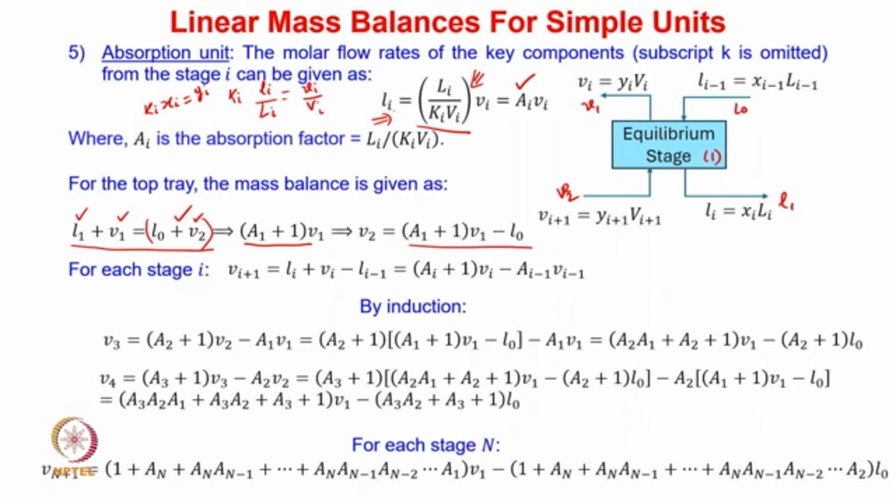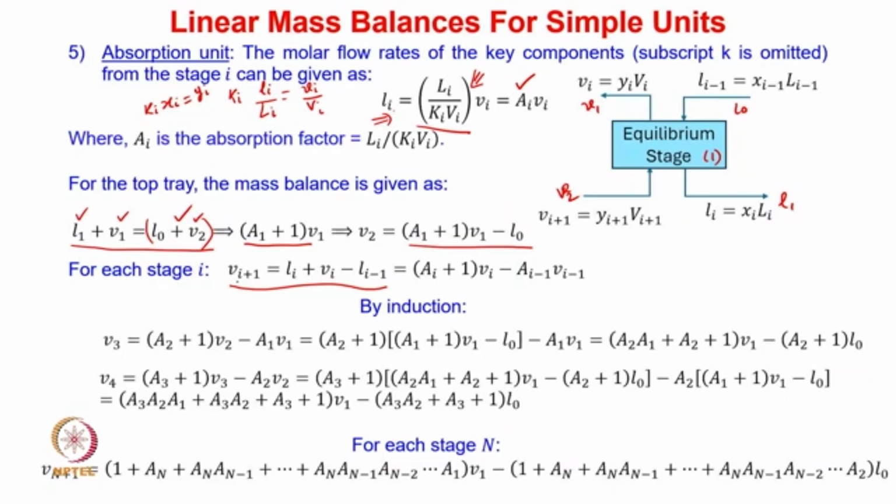Once we have obtained this, we can write down this mass balance for any stage i. For any stage i, we can write it like this: v i plus 1 is coming in, plus l i minus 1, and that should equal l i and v i.